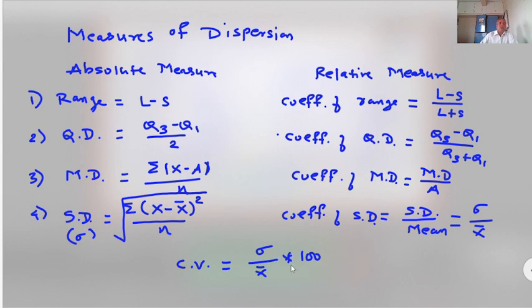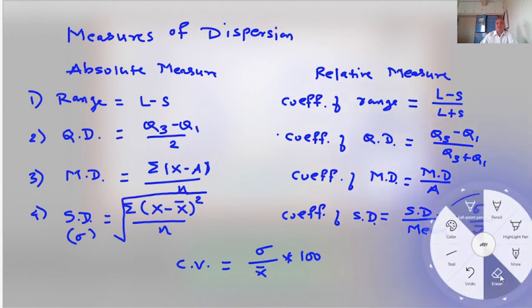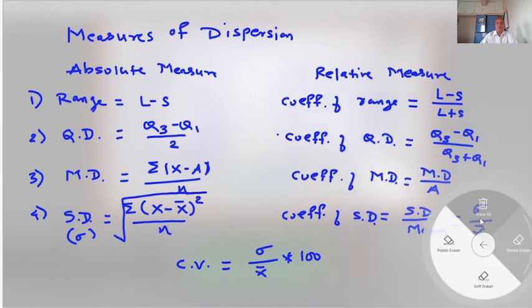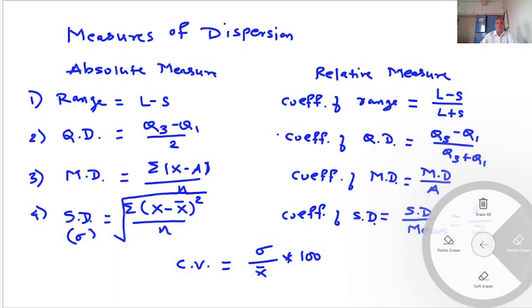So these are the various measures of dispersion, absolute measures as well as relative measures. So we evaluate some examples based on individual data as well as frequency distribution. Here is the example of individual data.